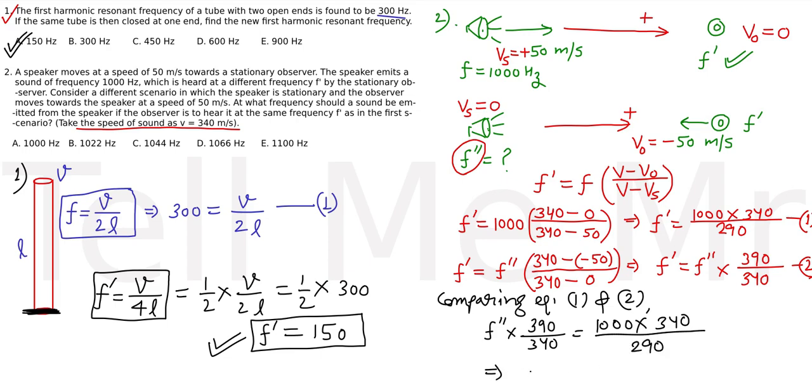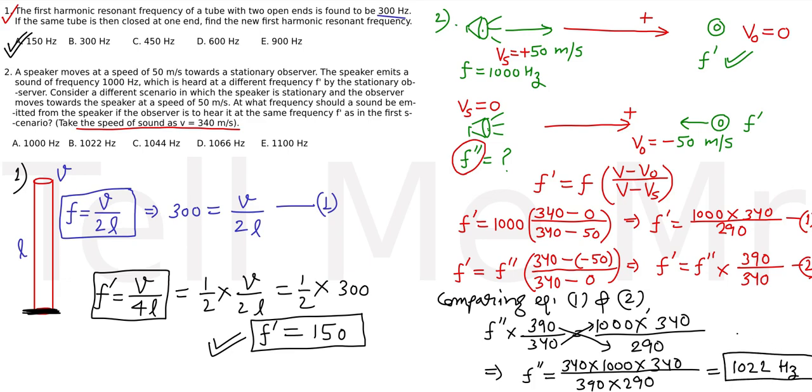Solving this, you get f double prime is equal to, this 390 will go into the denominator, 340 will come into the numerator, so you will have 340 into 1000 into 340, divided by 390 into 290, and if you solve this, you will get f double prime is equal to 1022 hertz, and that's the answer for the second problem.